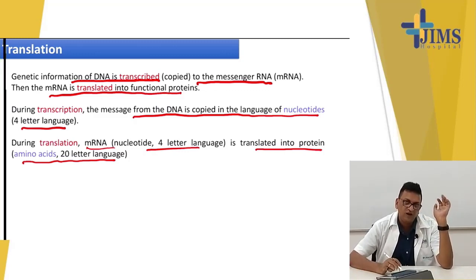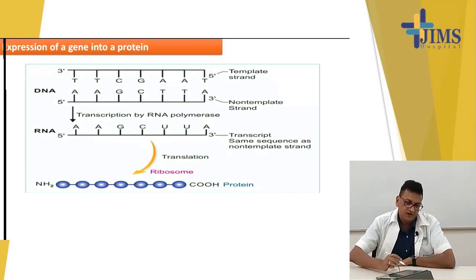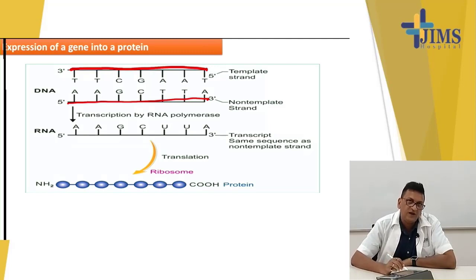So we are ultimately decoding the mRNA sequence to form a protein by reading the frame sequence of triplet codons. Now this is what the DNA strands look like. It has a 5' to 3' end, and this one is the 3' to 5' end. When we decode, the sequence we have in mRNA is similar to that of the non-template strand, because we are copying from the template strand.